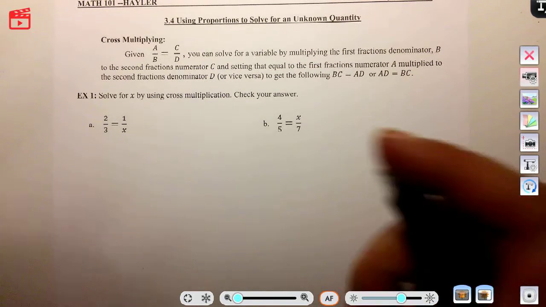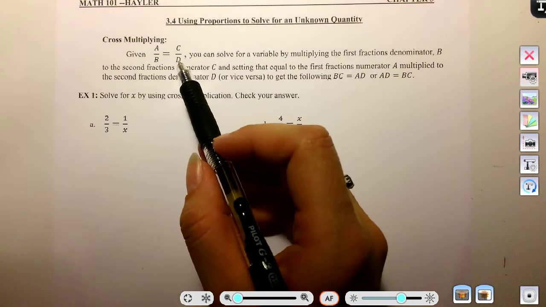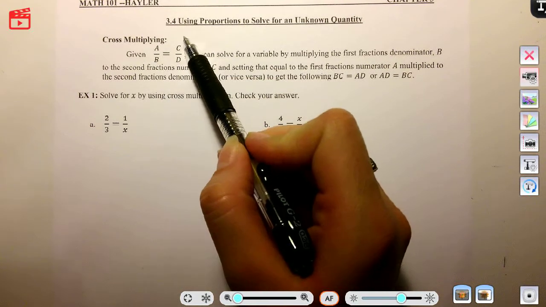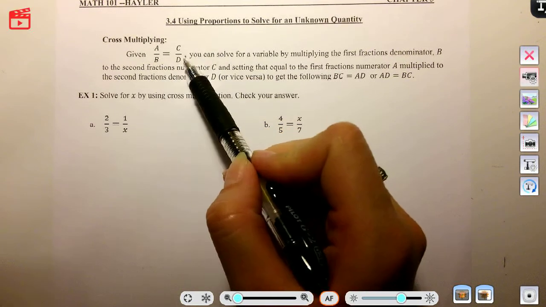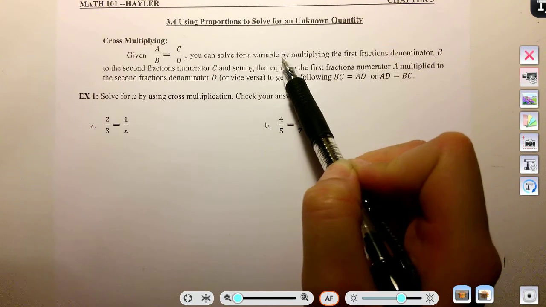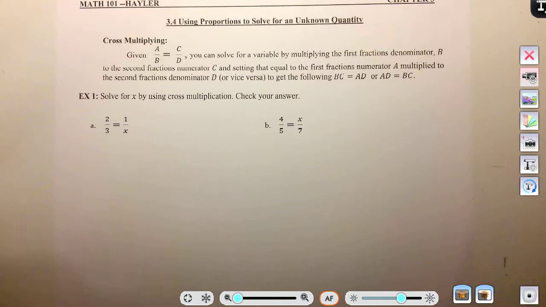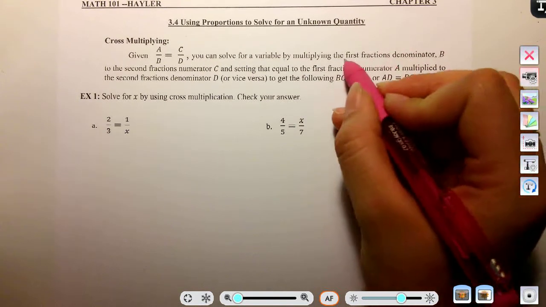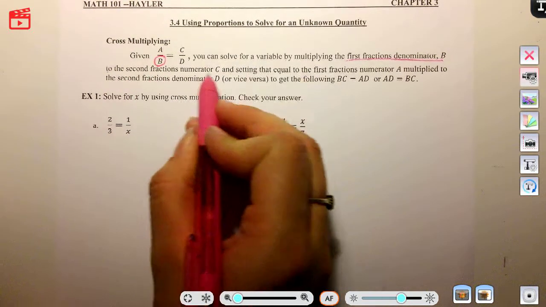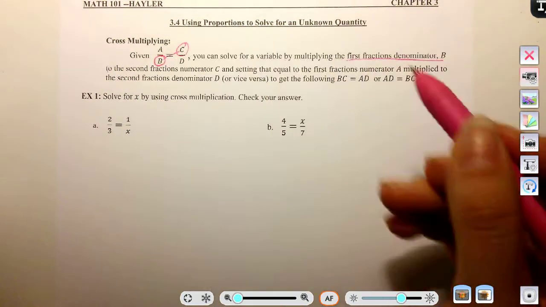All right, so if you're given this proportion, remember a proportion is when you have a fraction equal to another fraction. That's what a proportion is. So if you're given a proportion, you can solve for a variable. How? By multiplying the first fraction's denominator, b, to the second fraction's numerator, so we'd multiply these two.